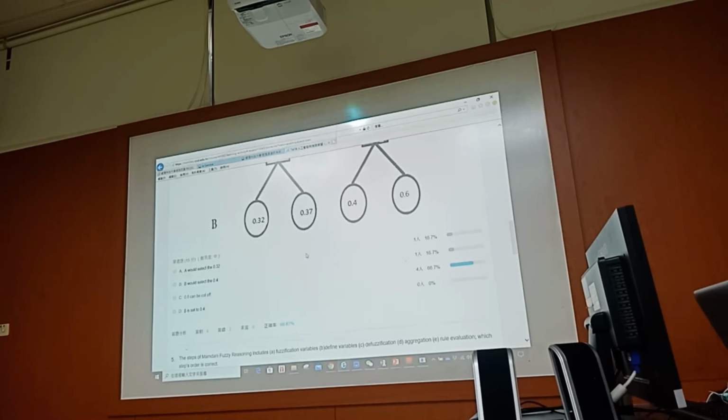And then 0.6 can be cut out. Yes, because that is 0.3, 0.4. We understand B will not select a benefit for A, so 0.4, 0.6 can be cut out. Okay, any problems?